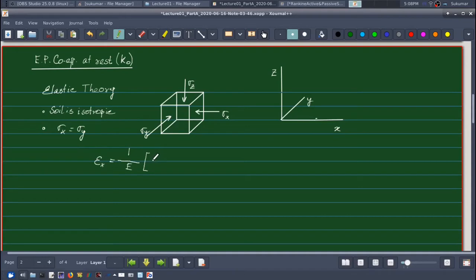The stress in x direction is sigma x, that is the direct normal stress, and due to Poisson's effect I will have minus nu times sigma z plus sigma y.